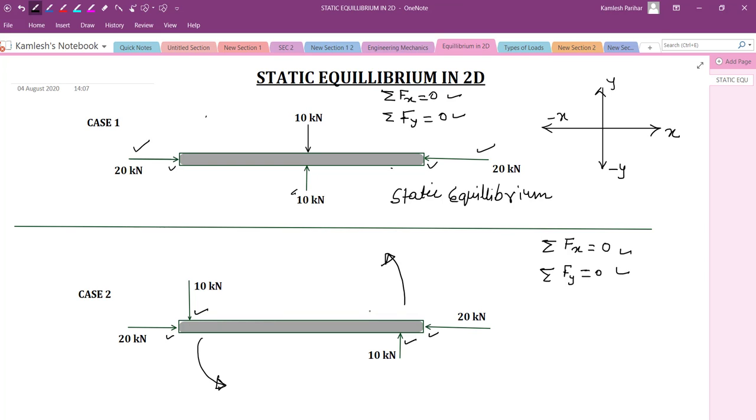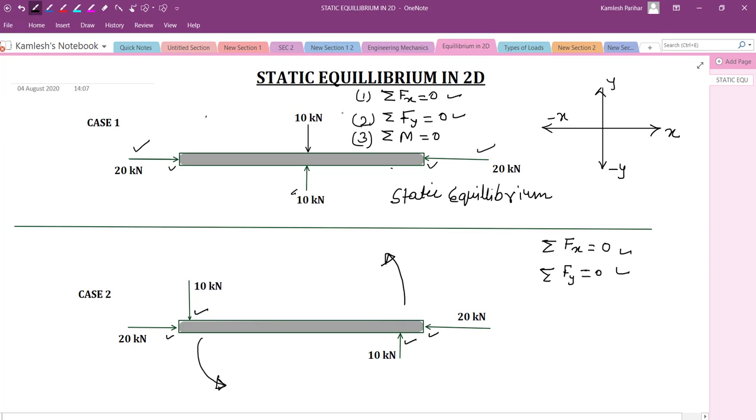There is one more condition that needs to be satisfied, and that condition is summation of M equal to 0. This condition also needs to be satisfied to prove that a body is in static equilibrium in 2D. That is, it does not have any translation and it does not have any rotation.